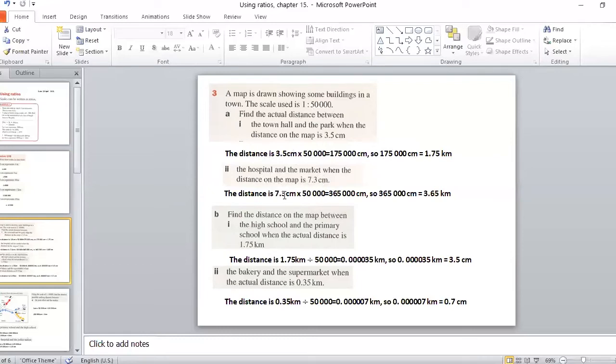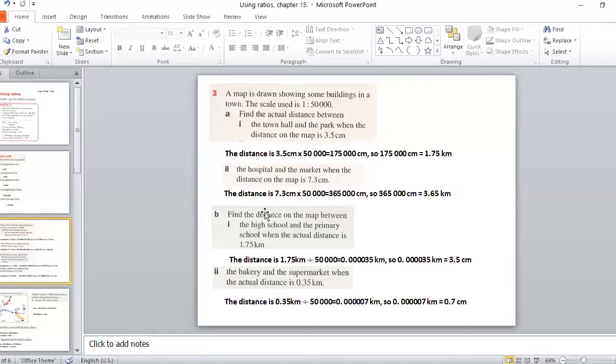Similarly, 7.3 centimeters is multiplied by 50,000, the second number on the ratio, giving 365,000 centimeters, which has been converted into 3.65 kilometers by dividing this number using the fifth power of 10, since we mentioned before that 1 kilometer equals 100,000 centimeters.